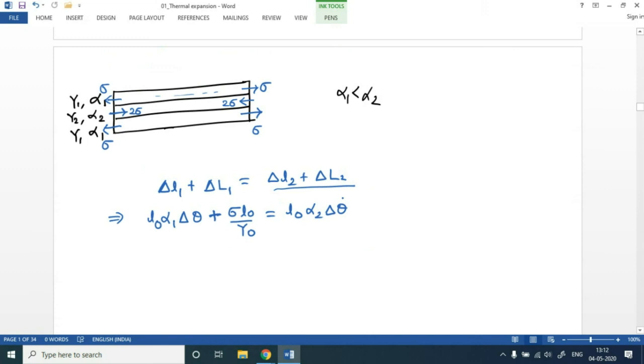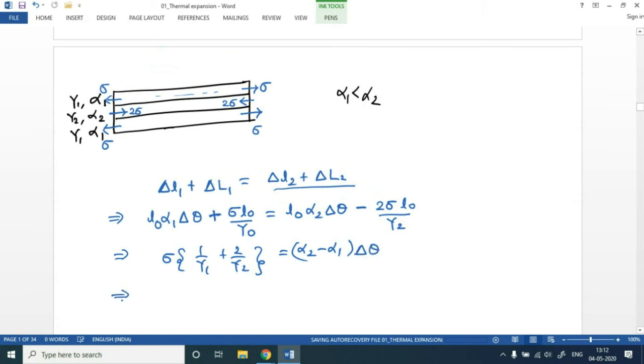And now you should realize the middle one is under compressive stress, so it will compress under that stress, and the stress is 2 sigma, so you can write 2 sigma into L naught upon y2 over here. So rearranging this, we are getting sigma into 1 by y1 plus 2 by y2 equal to alpha 2 minus alpha 1 delta theta.